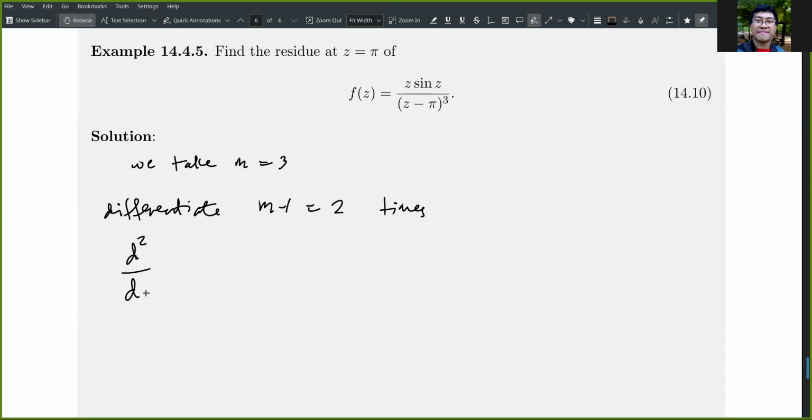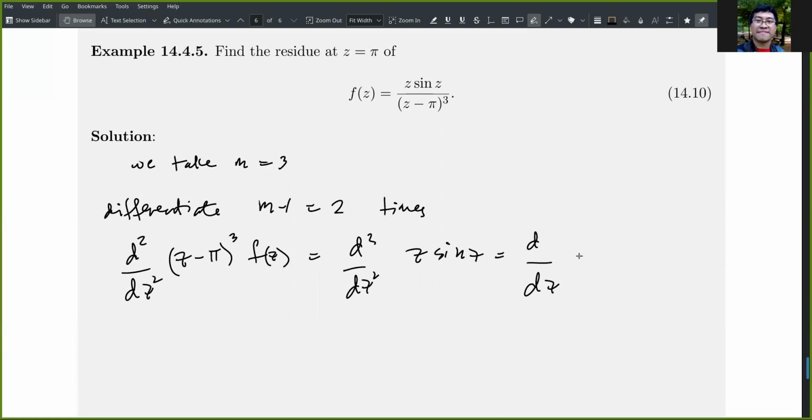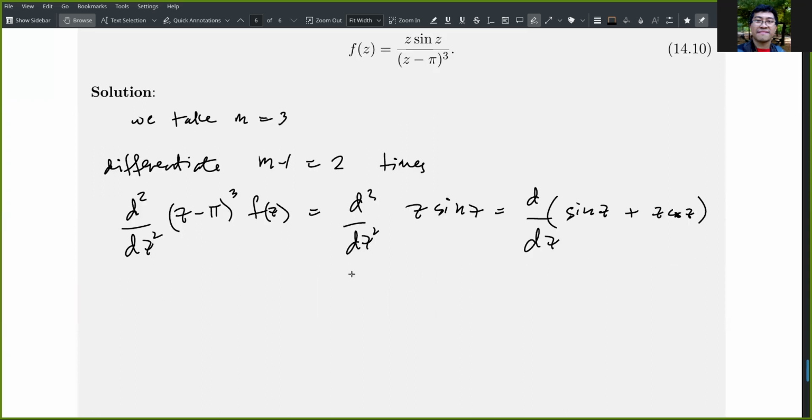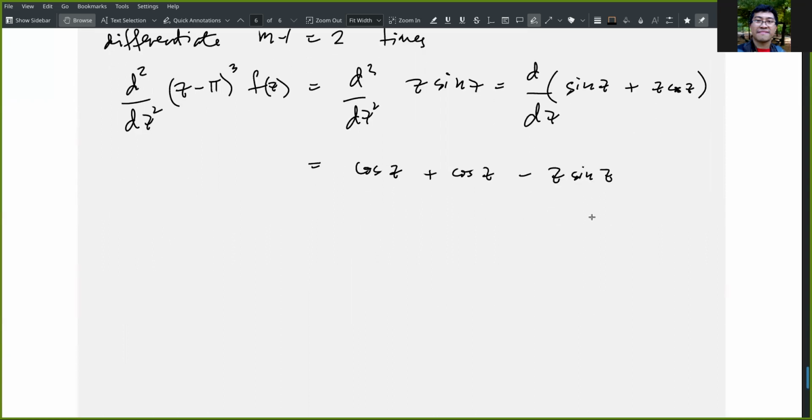So you have d squared by dz squared of (z minus pi) cubed f(z), or d squared by dz squared of z sine z. That's equal to the first derivative of sine z plus z cosine z, or that's equal to cosine z plus cosine z minus z sine z.